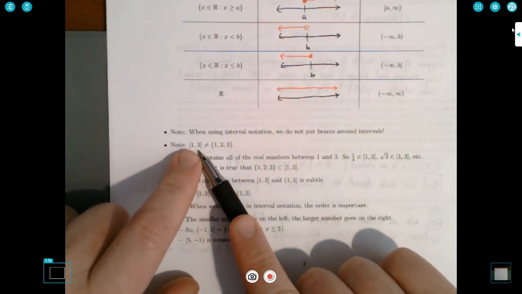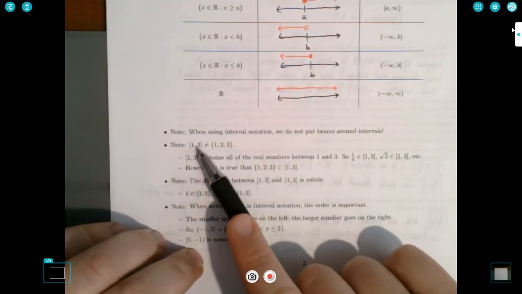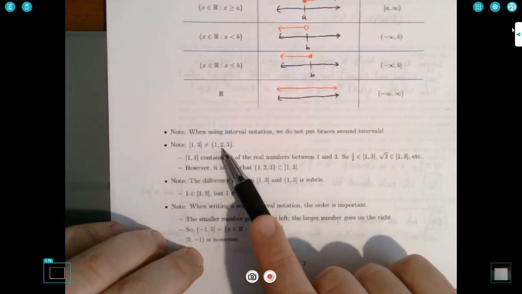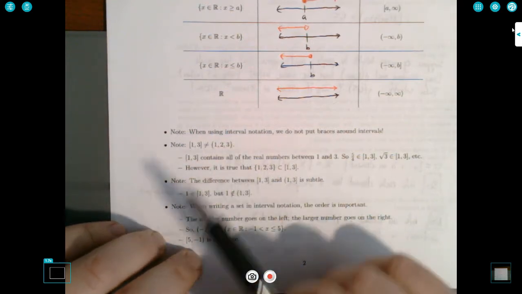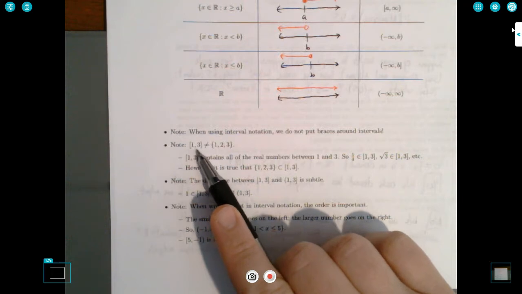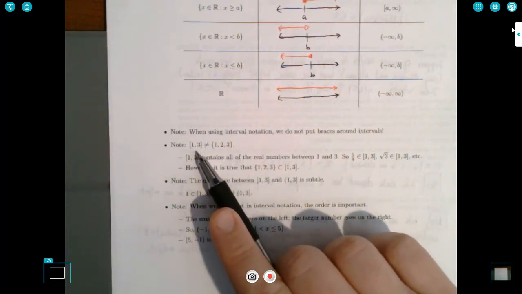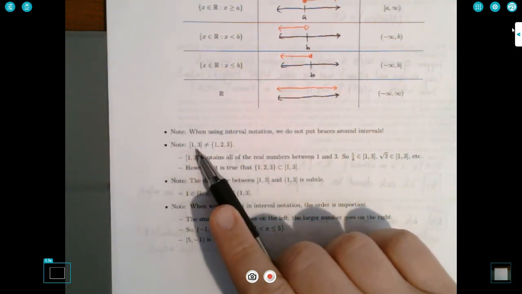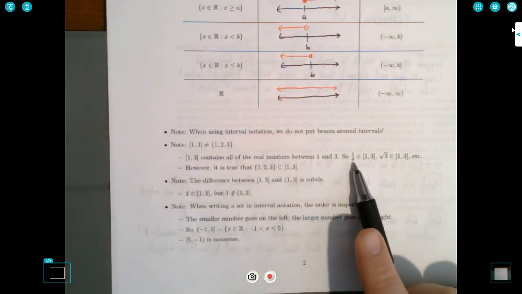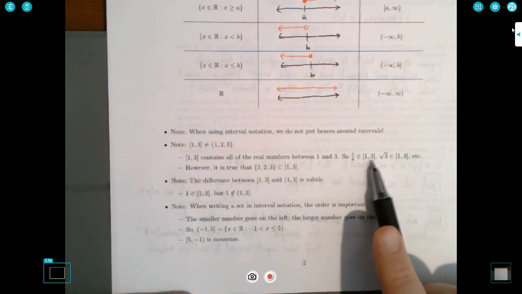Another thing that I want to point out, because this is sometimes tricky for students: the interval from 1 to 3, including 1 and 3, is not the same thing as the set {1, 2, 3}. Because this interval is supposed to be a subset of the real numbers, not just a subset of the integers, you could have non-whole numbers inside of this set. For example, 5/4. 5/4 is 1 and 1/4, so 5/4 would be inside of this set.